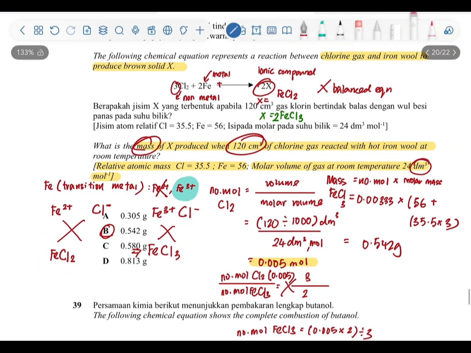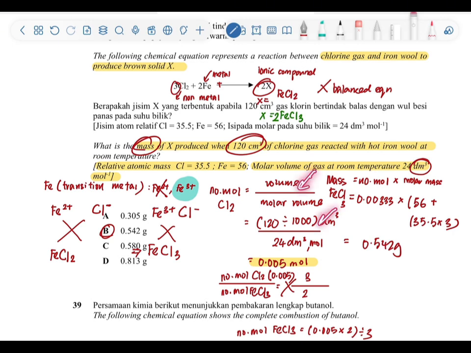So we want to find the mass. Sure, we need to know what is the number of mole, because in order to calculate mass, the formula would be mass equals number of mole times the molar mass. Given that we already have the volume and molar volume, we can calculate the number of mole for the chlorine.